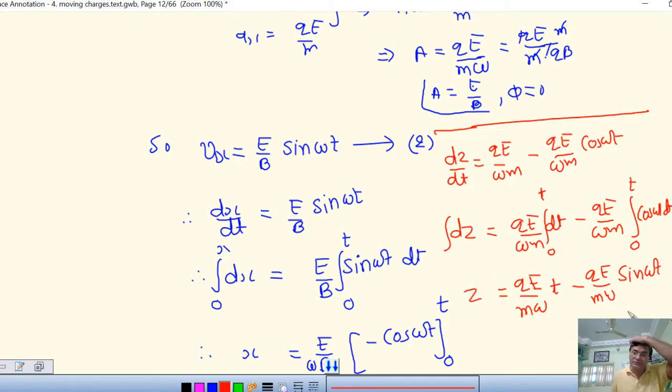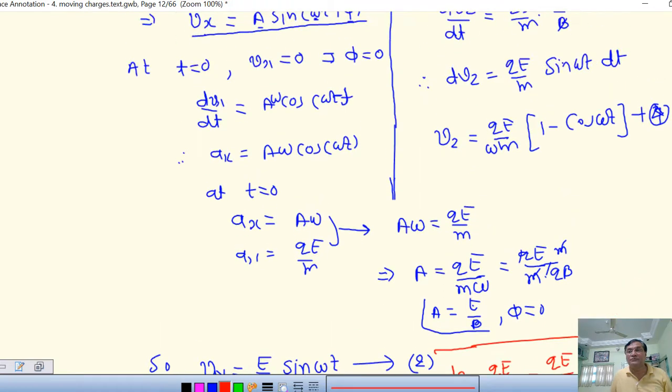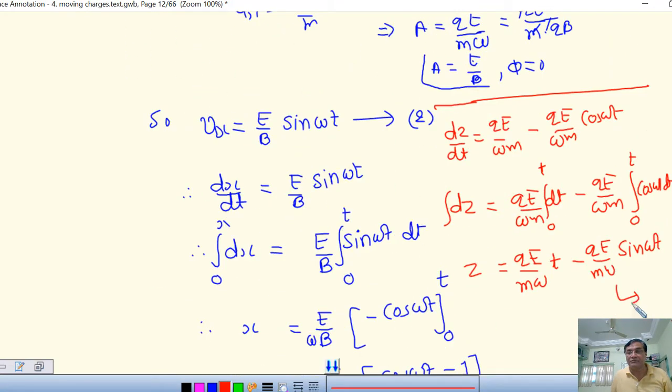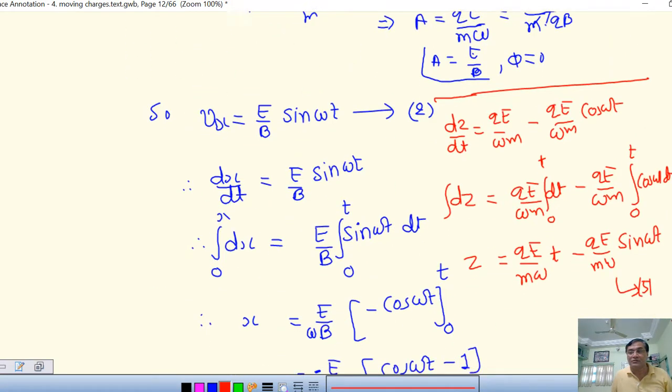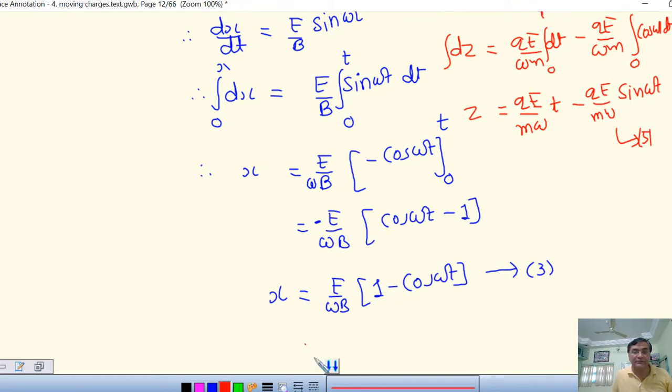So we now have everything; this is the fifth equation. What is the velocity at any time?